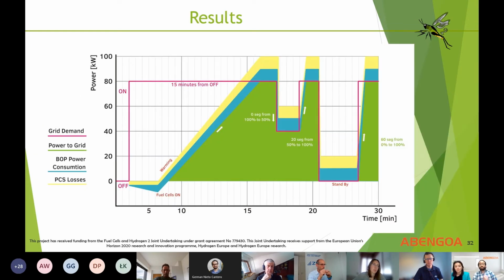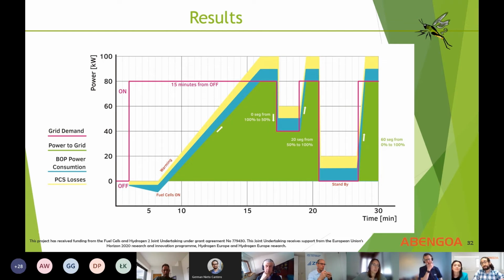If we go a little bit more in detail on what we saw in the graph before, you can see, for example, here the 100 gross kilowatt power. You can see some of it is lost, of course, in the conversion from the DC to the AC, and then the other half is lost in the powering of the pumps, the compressor, and all the auxiliaries.